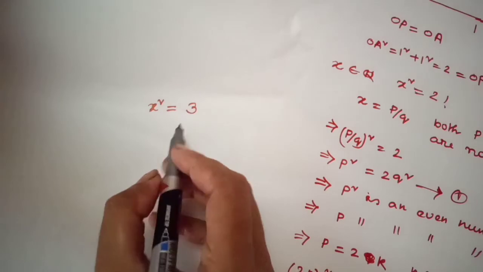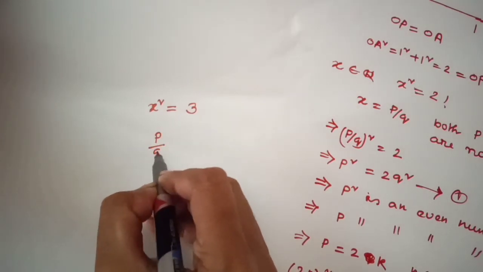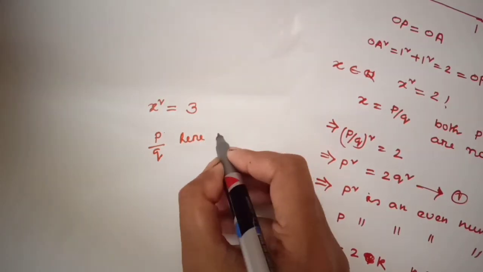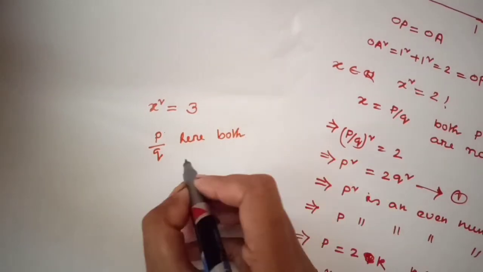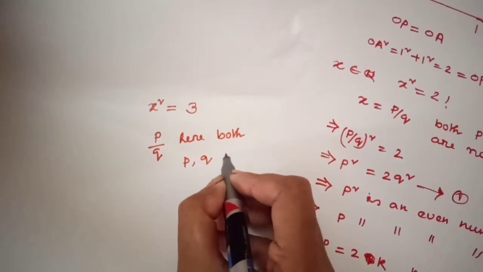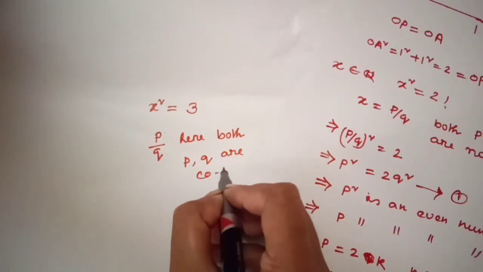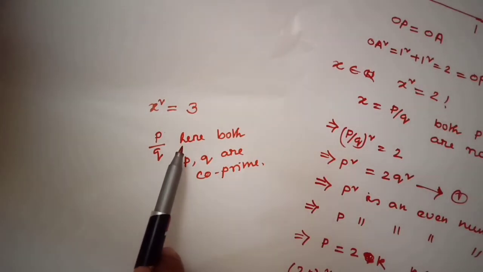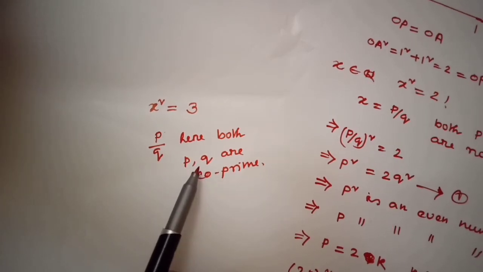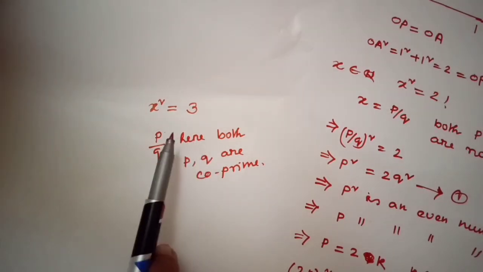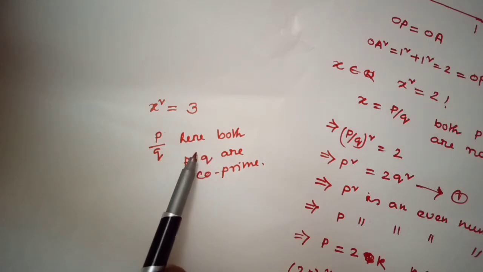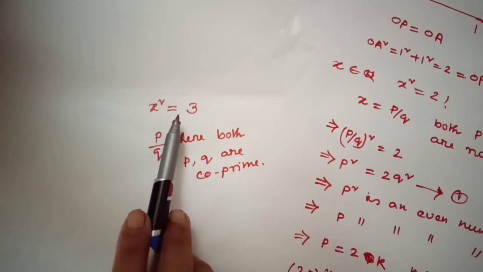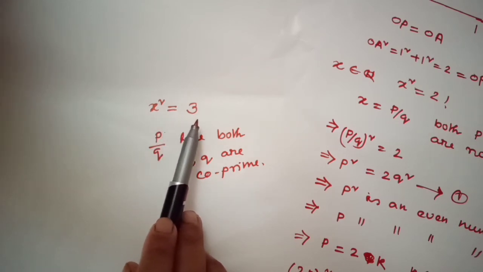Only one hint I give: here, in P over Q, both P and Q are co-prime. Then you can easily solve it by contradiction, and this will also represent an irrational number.